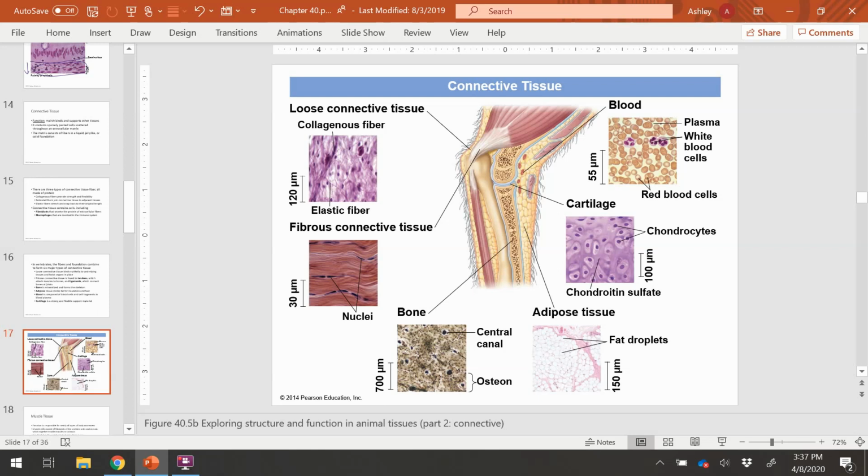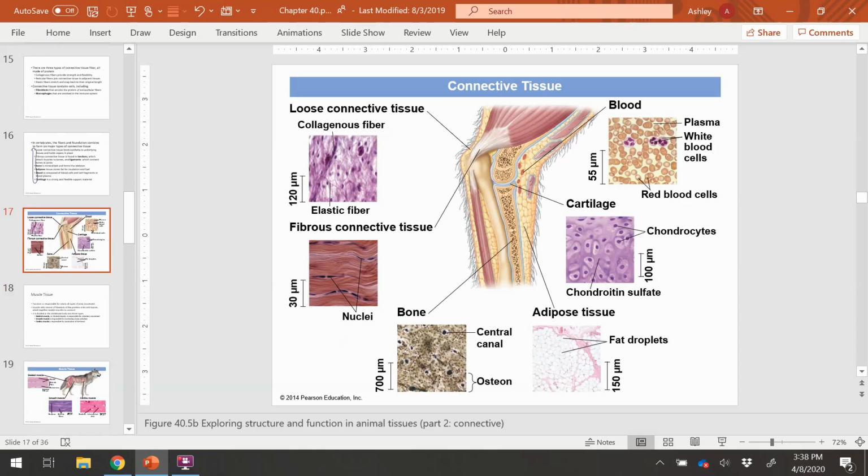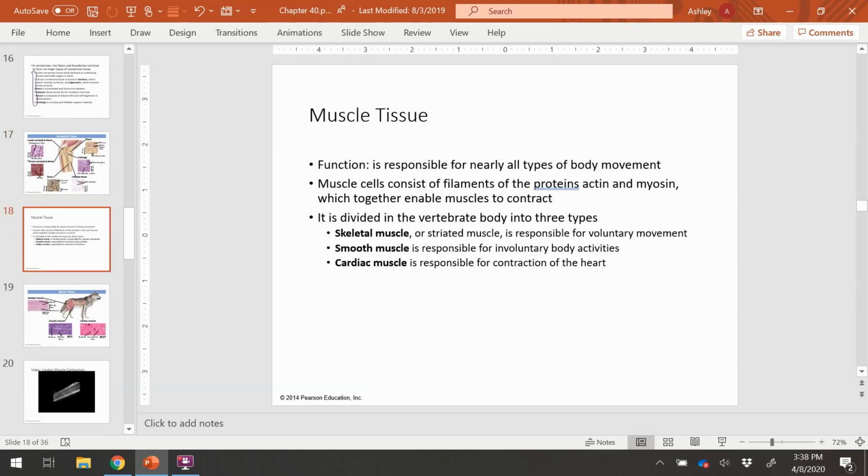Then you have loose connective tissue connecting the skin layer to the fat layer. And then blood. It's just everywhere here, as you can see. And so you want to know these 6 groups. So pretty much all of this right here. And so that's connective tissue.